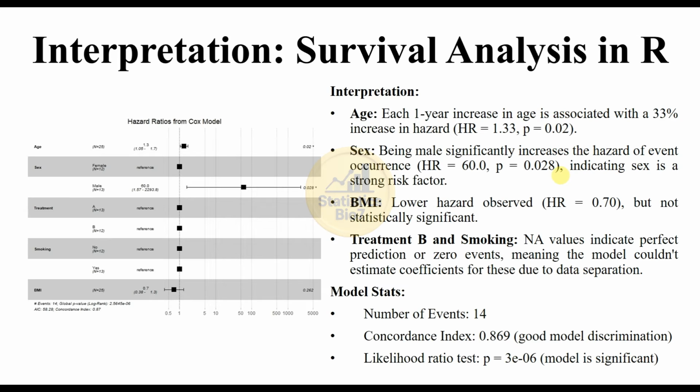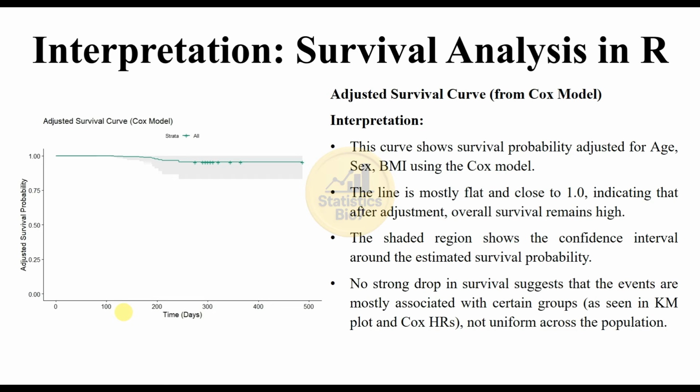The model states the total number of events is 14, and the concordance index is 0.869, a good model discrimination. The likelihood ratio test p is 3e-06. The model is significant.